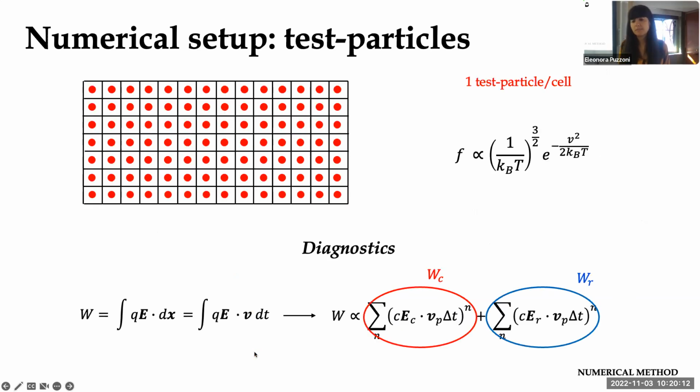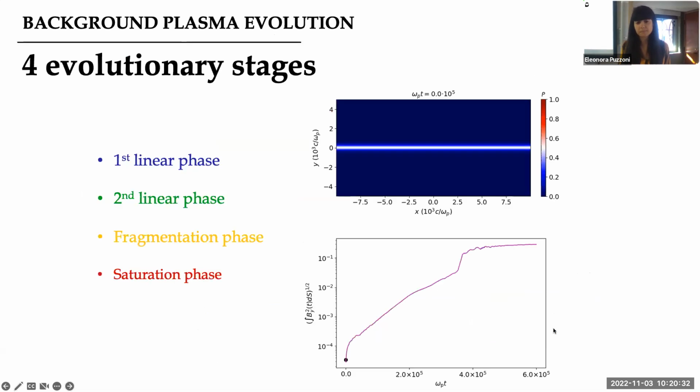Test particles are evenly assigned to grid zones with one test particle per cell, and their initial velocity follows a Maxwellian distribution. For the diagnostic, we also decided to save for each particle the total energy gained by the particle due to the convective and resistive electric field.